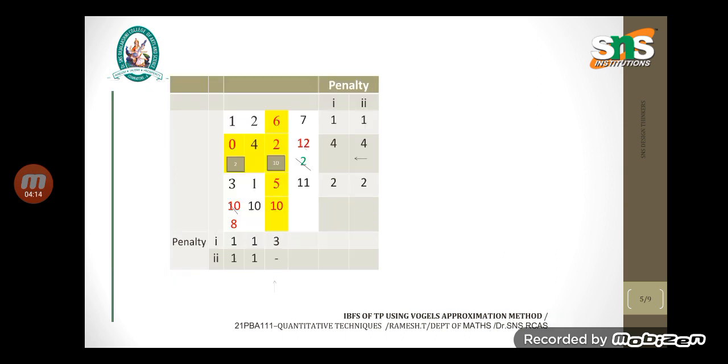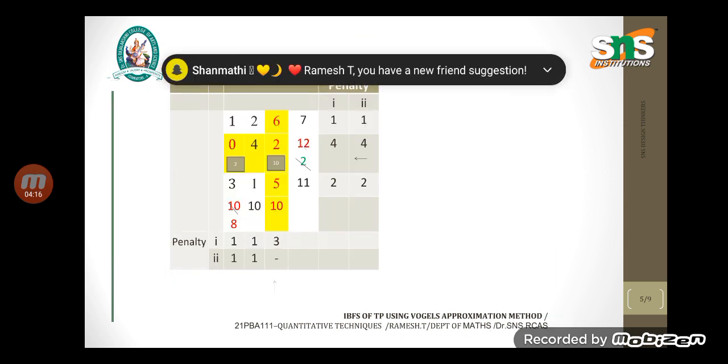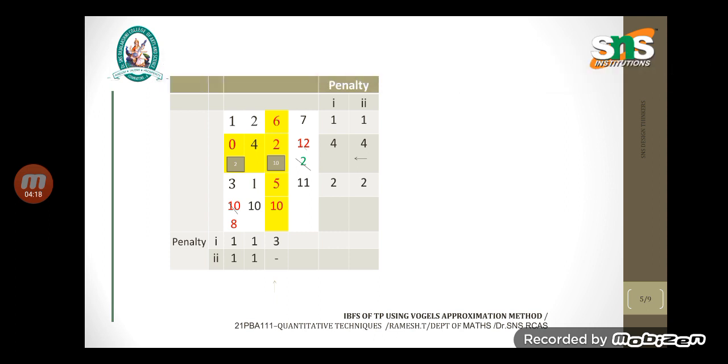Next we have the second penalty. In the first row, we take the difference of the smallest two numbers, 2 and 1. The second penalty is 1. In the second row, the difference between 0 and 2 is also 2.